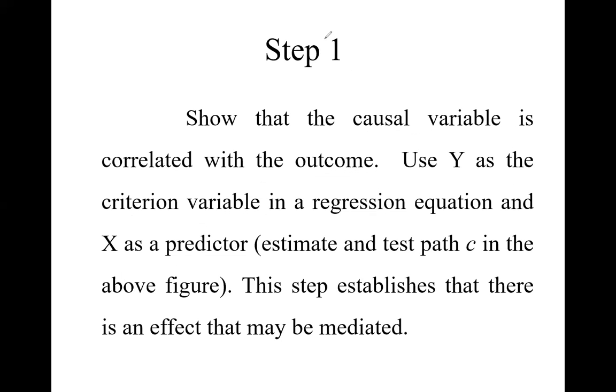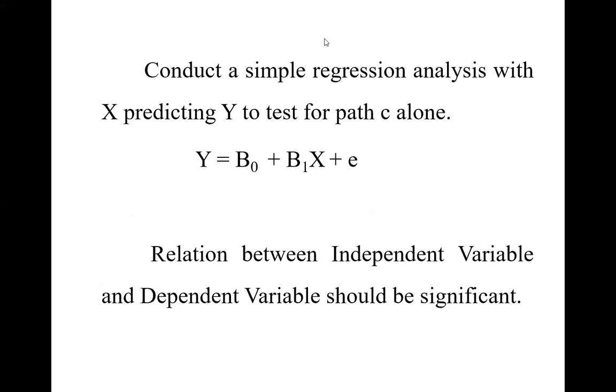How to find it? Now you can see when I conduct a simple regression analysis, this is our independent variable, this is the Y outcome variable and this is the mediator variable. In step 1, the relationship between the dependent and independent variable should be significant.